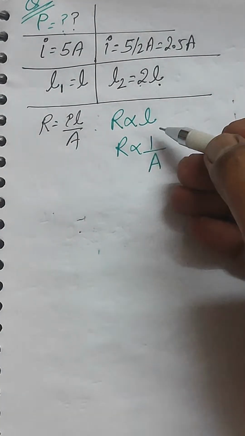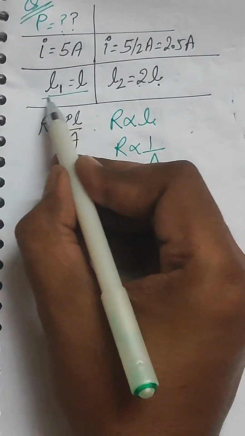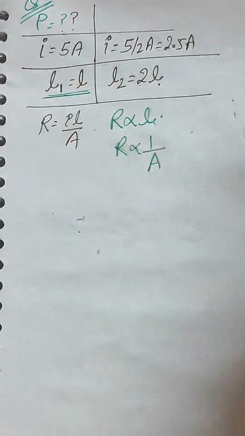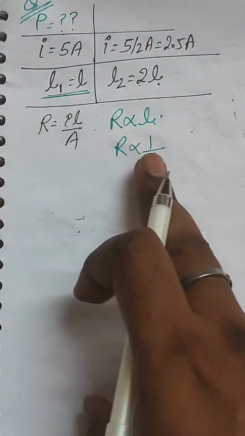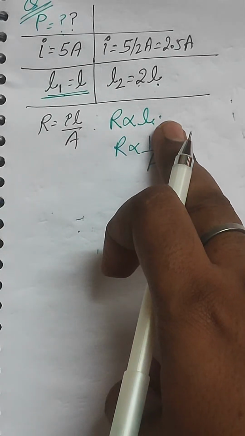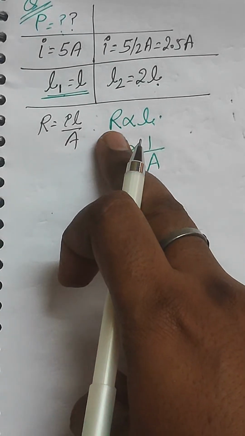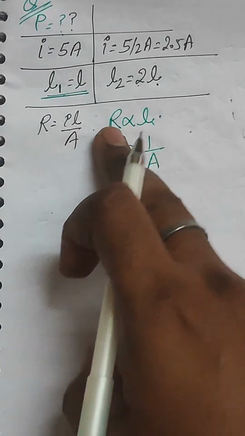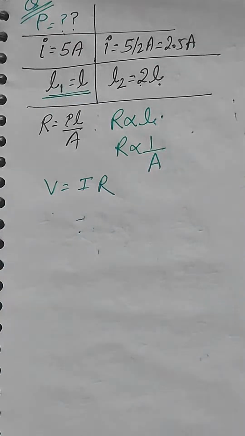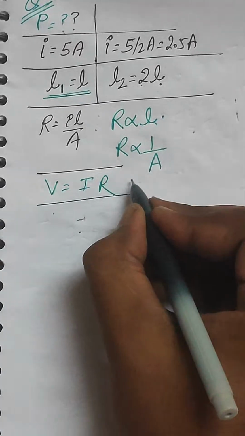So when the length was L, resistance was something, whatever it may be, and when the length of the wire is doubled, then resistance will be doubled, and when the resistance is doubled, we follow V equal to IR, the standard Ohm's law.